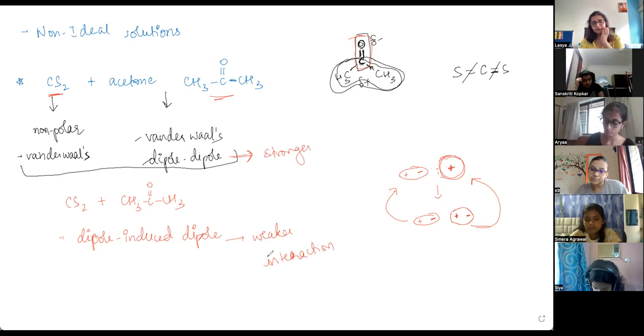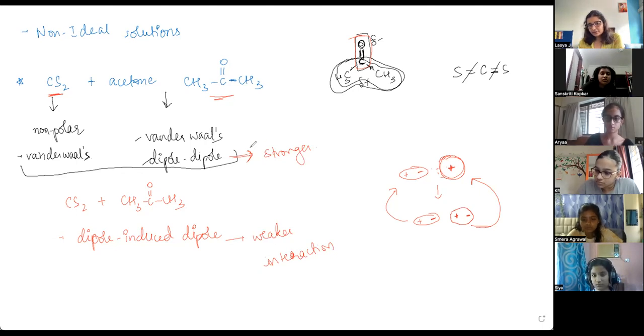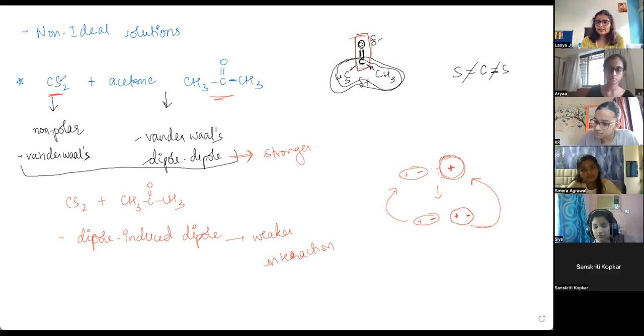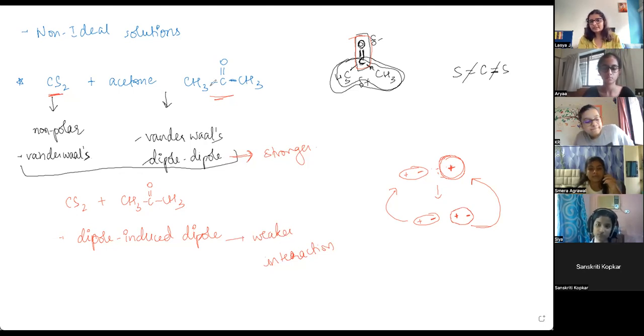So when you have a solution of CS2 in acetone, the interactions in pure acetone are stronger compared to this particular solution of carbon disulfide in acetone, right? Because this is a weaker interaction, the molecules are not held together as closely, not attracted to each other as strongly as your component molecules.